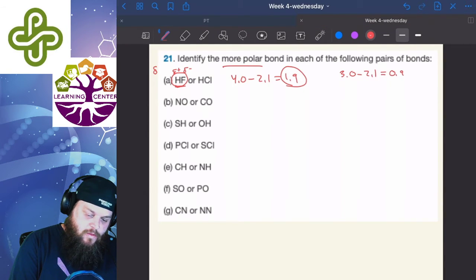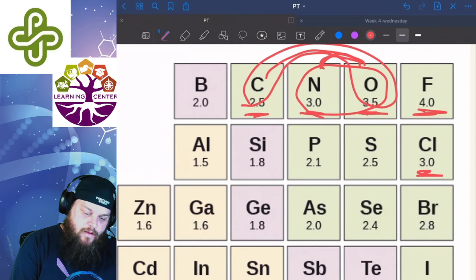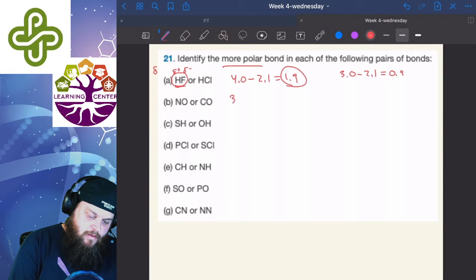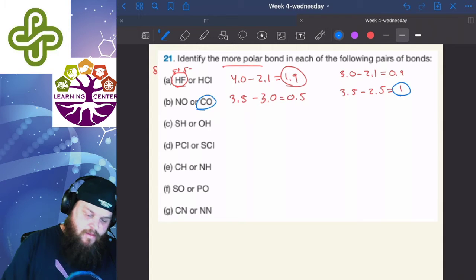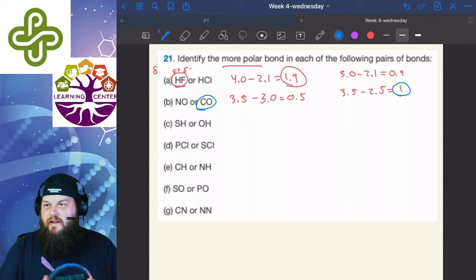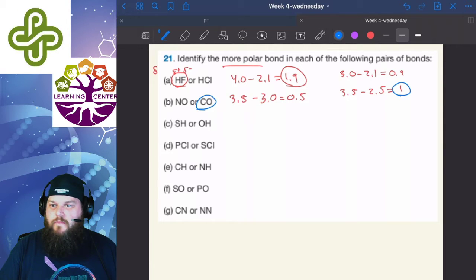Oxygen is 3.5, nitrogen 3, and carbon 2.5. So 3.5 minus 3.0 is equal to 0.5, and 3.5 minus 2.5 is equal to 1. So in this case, CO is going to be more polar than NO is going to be.